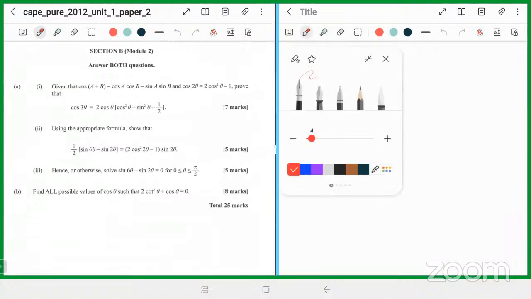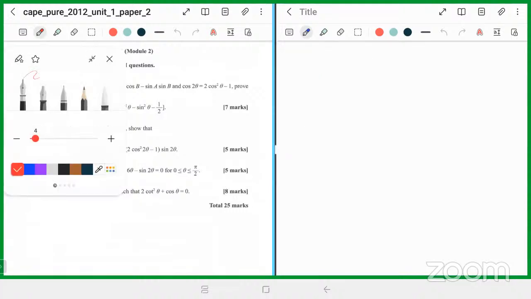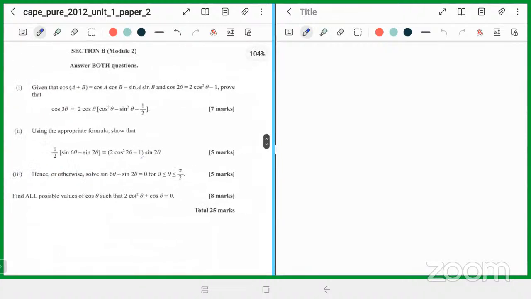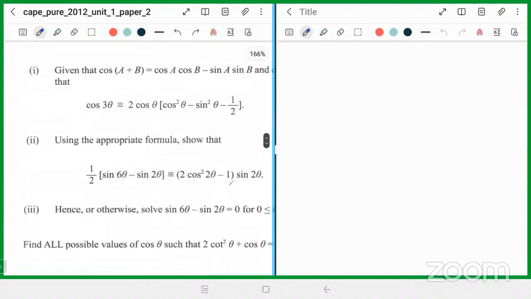It could have come from one of the more recent papers, but 2012 is not even your current syllabus. Anyway, it says given that this is equal to this, which you should know, and that this is equal to that, prove this. So I want us to prove this.